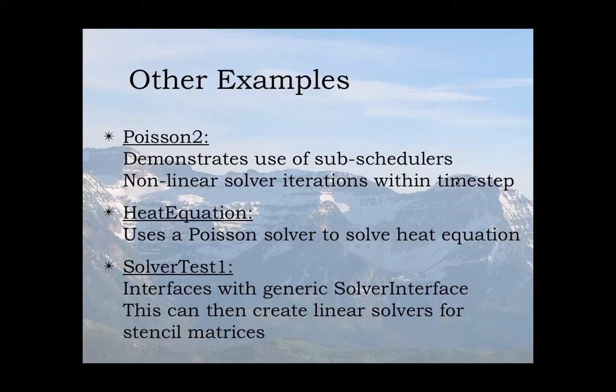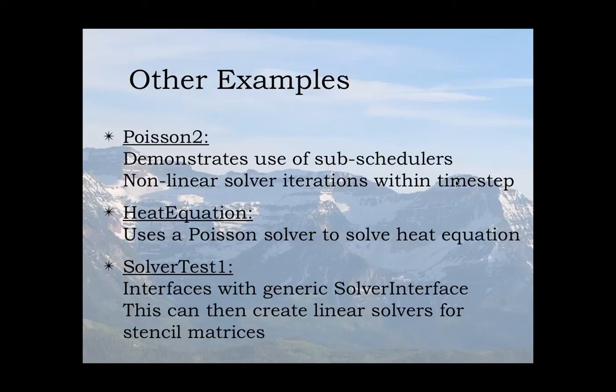So we can use these sub-schedulers to iterate on something nonlinear within a given time step. There's also a heat equation example, which isn't much different than the Poisson example. It's just solving a heat equation. So it's a little bit more, I guess, applicable.